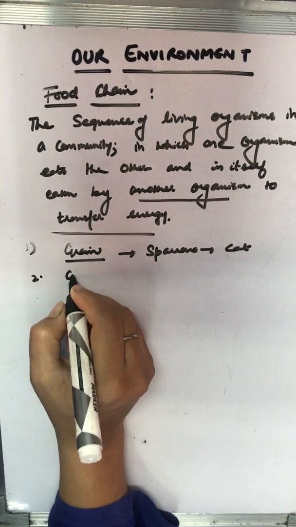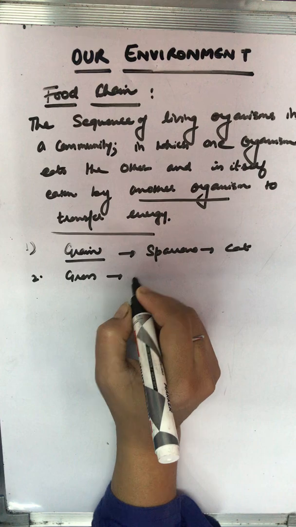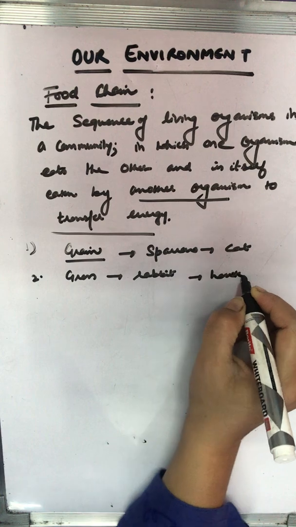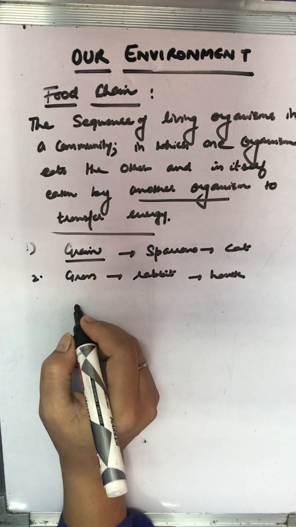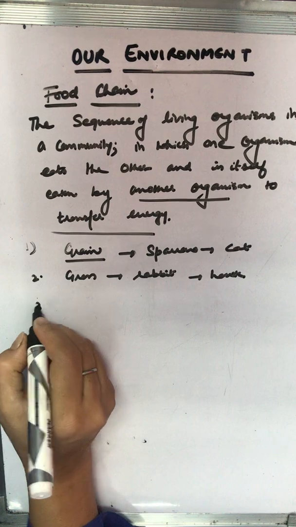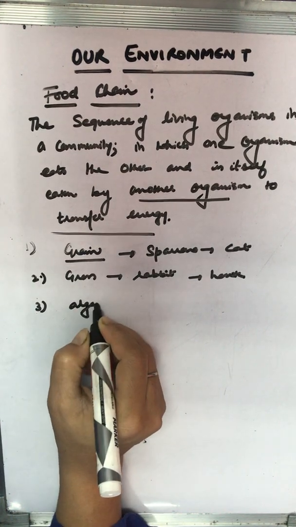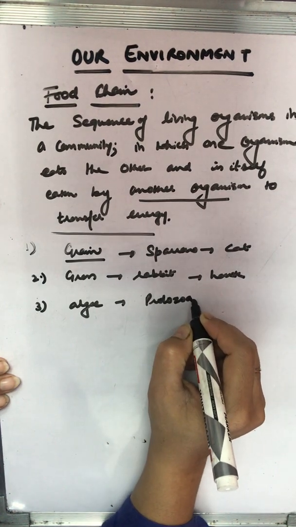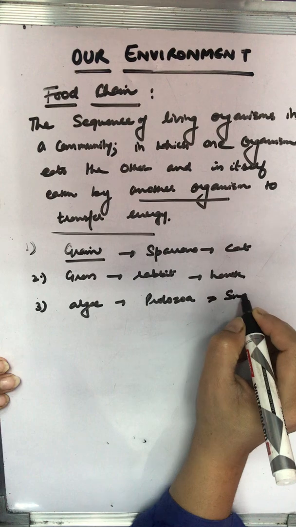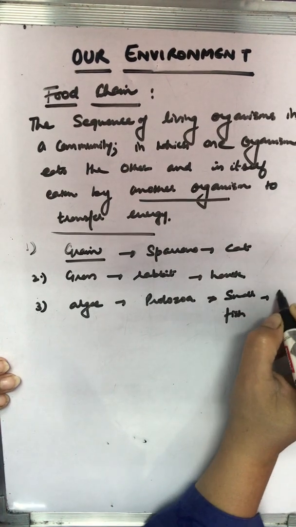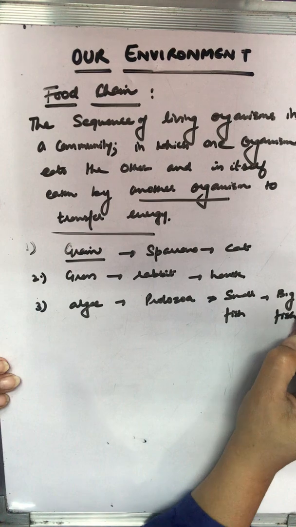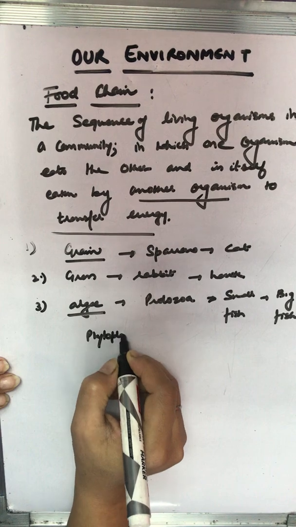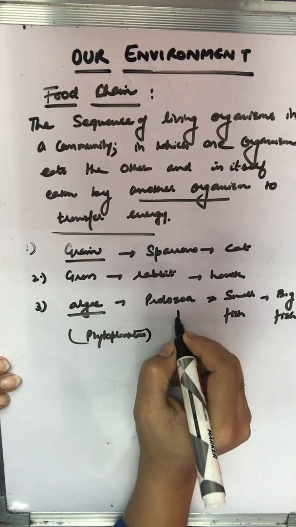Second example, grass eaten by a rabbit, and the rabbit is eaten by a hawk. Clear? Third, an example in water: alga eaten by protozoa, then consumed by small fish, and consumed by big fish. Basically, alga, which becomes phytoplankton, is eaten by zooplankton.